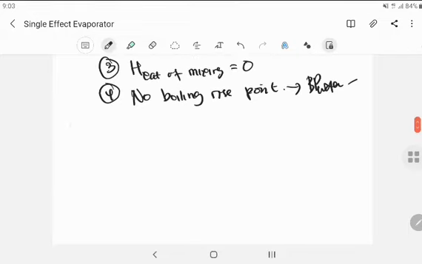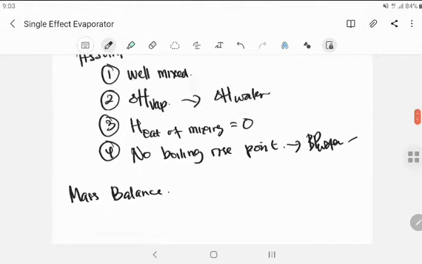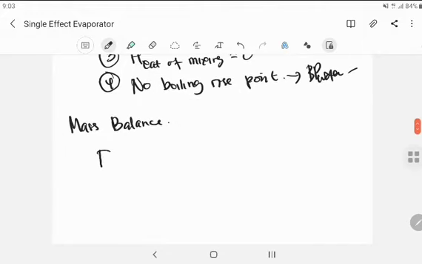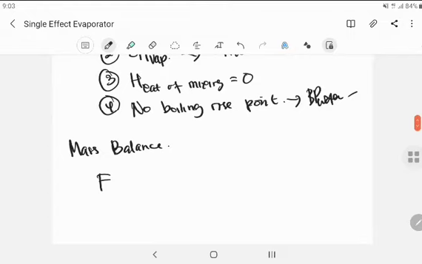We can write down the mass balance first. For the mass balance, of course, we are talking about the mass balance of the evaporating liquid.